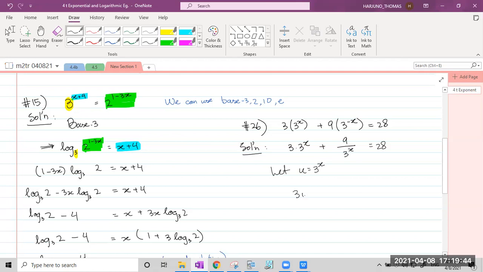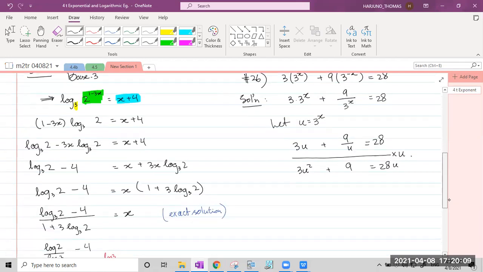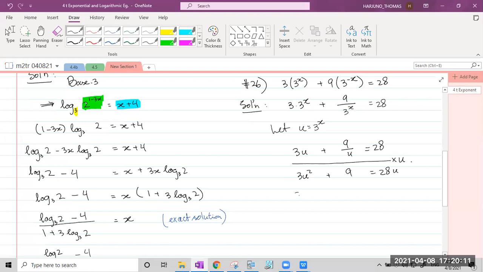So we will get 3u plus 9 over u equals 28. Now multiply by u. Get 3u squared plus 9 equals 28u. Now you see that it is actually a quadratic-like equation. 3u squared minus 28u plus 9 equals 0.